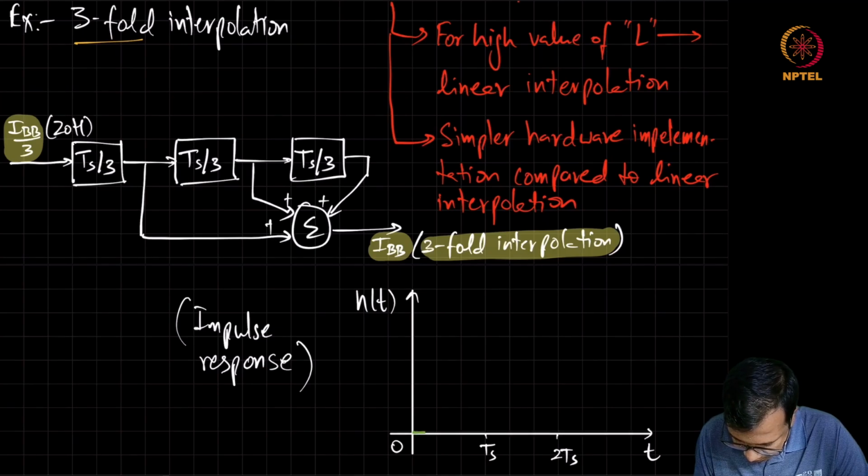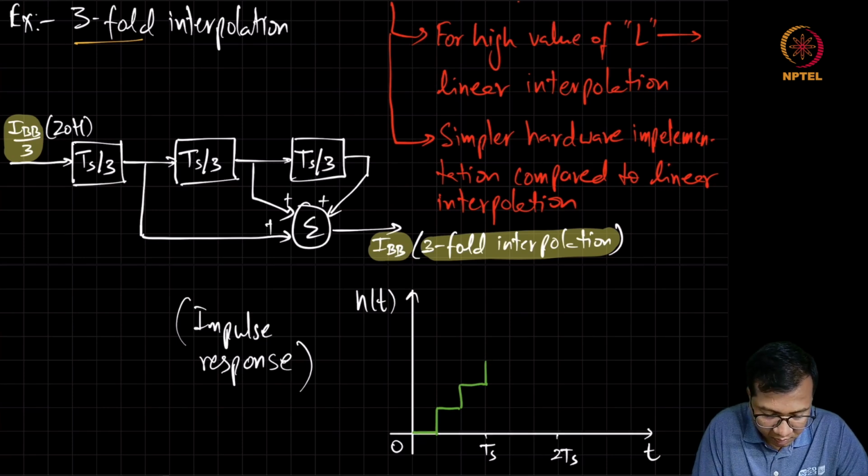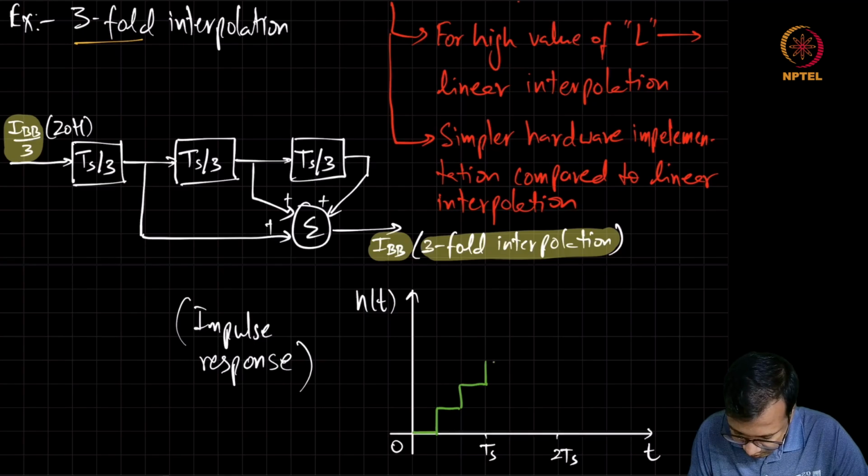So we are going to get a jump here, then a second jump, and finally after TS we are going to get the third jump, and after TS time the held output at the input of this interpolation filter is going to go down. So we'll see the downward staircase like this.